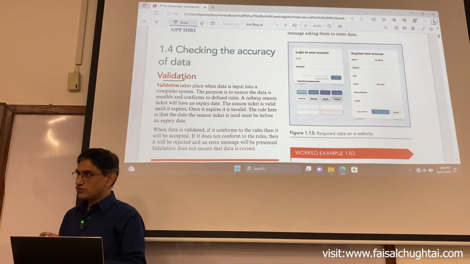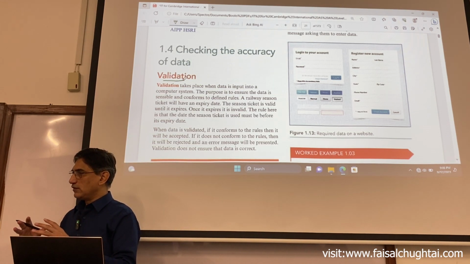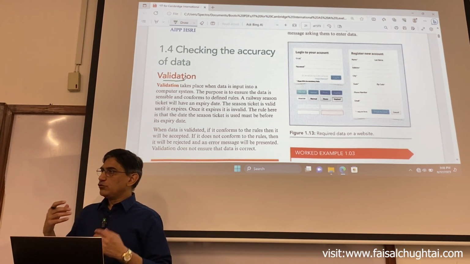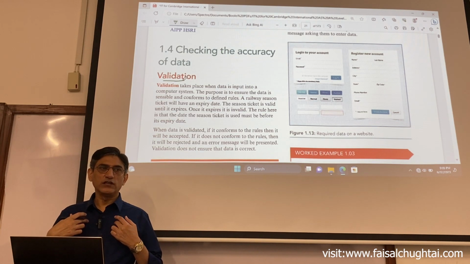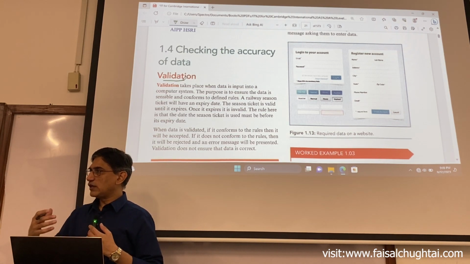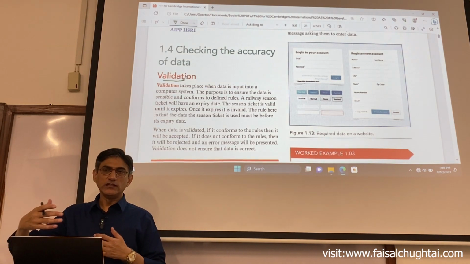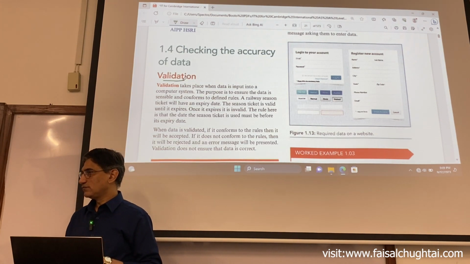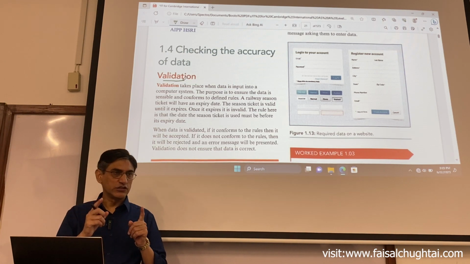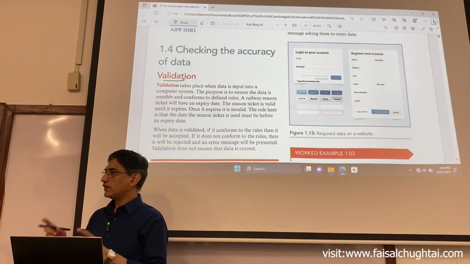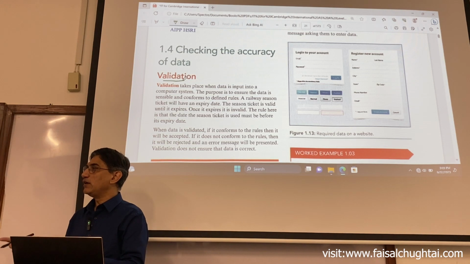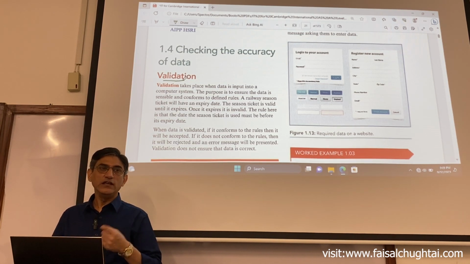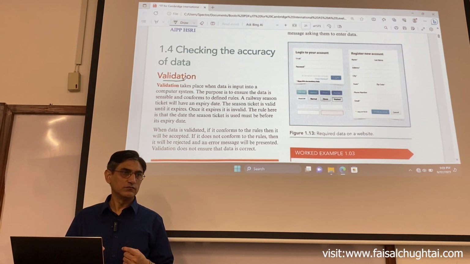When I use validation in my programs where I have to input any data, I do not have to really worry about what it is that I'm inputting, because I have some checks put in place that would validate the data at the time that I input it.